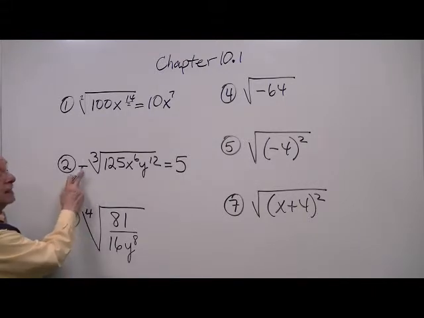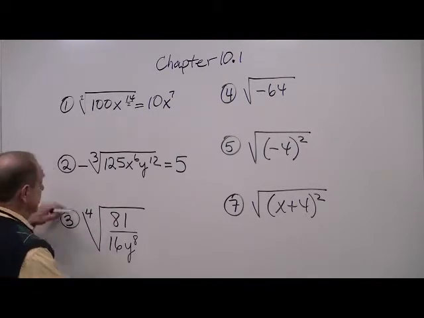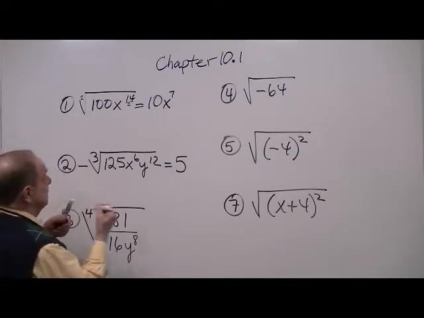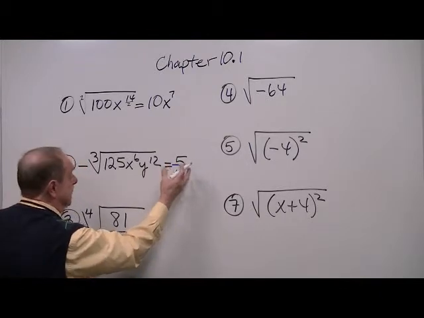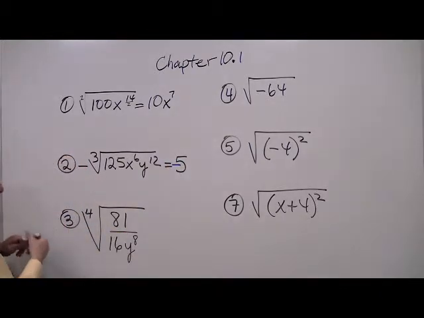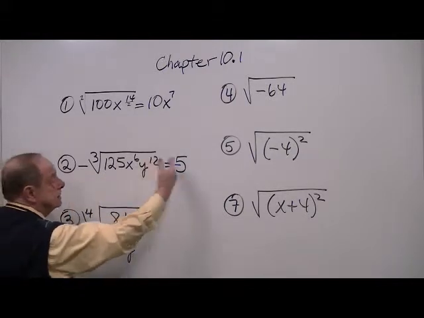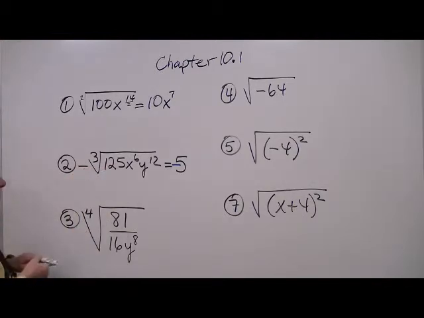And I have to get back to this negative sign in a minute. In fact, I better not leave it out. When there's a negative sign out in front of the radical sign, put that over there in the answer column. So that's going to be a negative 5. But there's not a negative under the radical sign. This one applies to everything because it's outside of the radical sign.